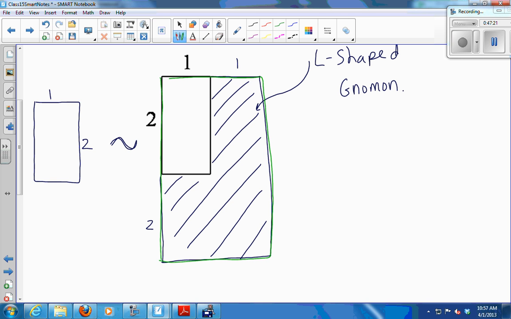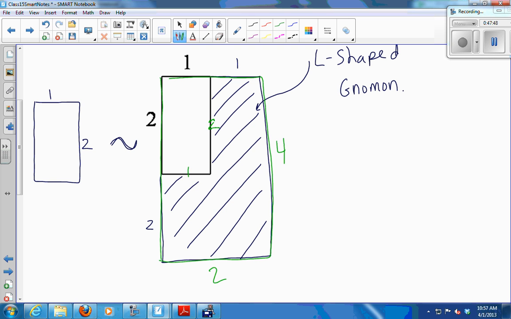So the gnomon is the piece that you glue on to make the glued together thing similar to the original. So this L-shaped gnomon would have dimensions 1, 4, and 2, 1 and 2. So you'd have to go cut an L piece of plywood with those dimensions.